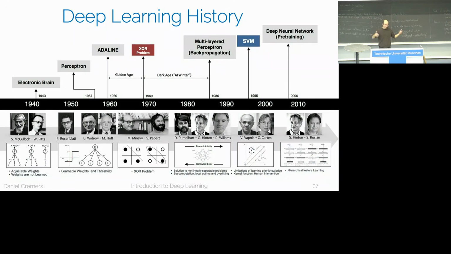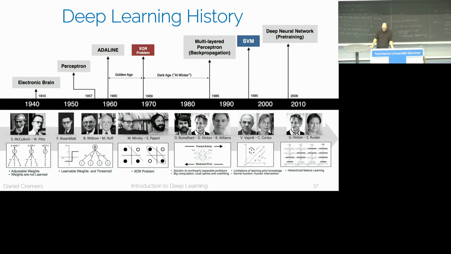And who came up with neural processing? That's old. Even Sigmund Freud had drawings of neurons interacting in the brain, right? And so the idea that neurons process things in the brain is something that is very old.